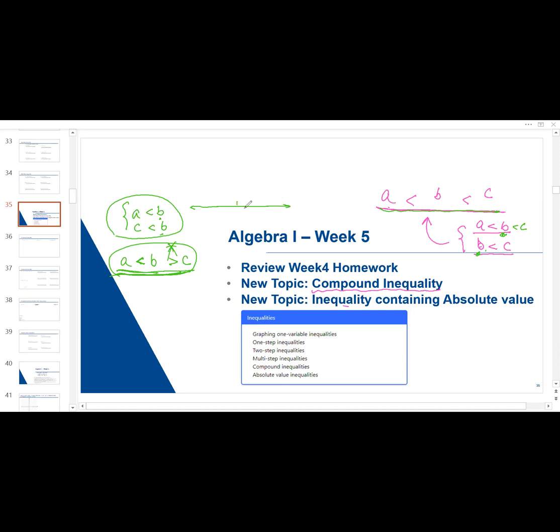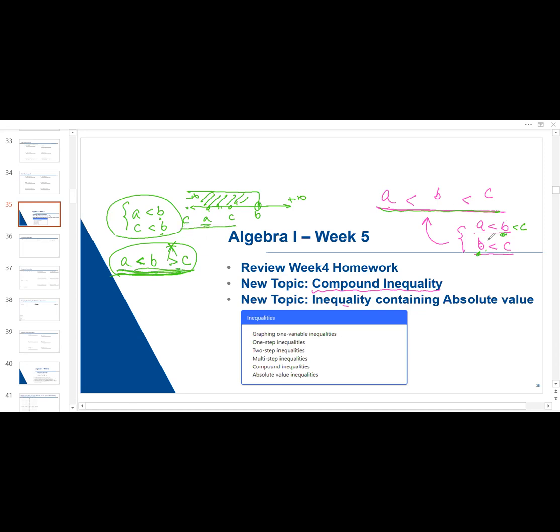Suppose here is positive infinity, here is negative infinity, here is B. Any number less than B is this part. A less than B, so A is possibly in this area, and C is also less than B, somewhere here. C may be greater than A, may be less than A, or may be exactly equal to A. We don't know, so you cannot write like this.